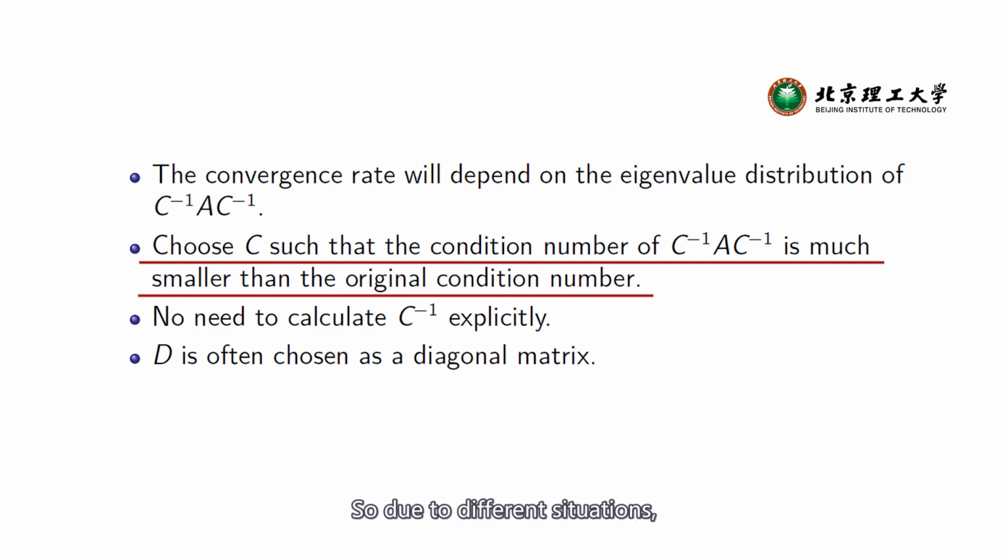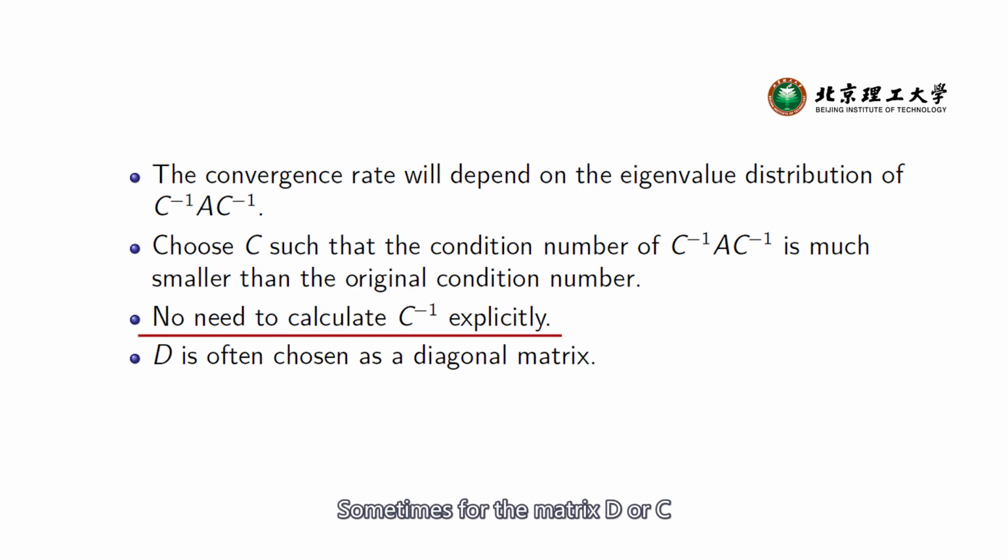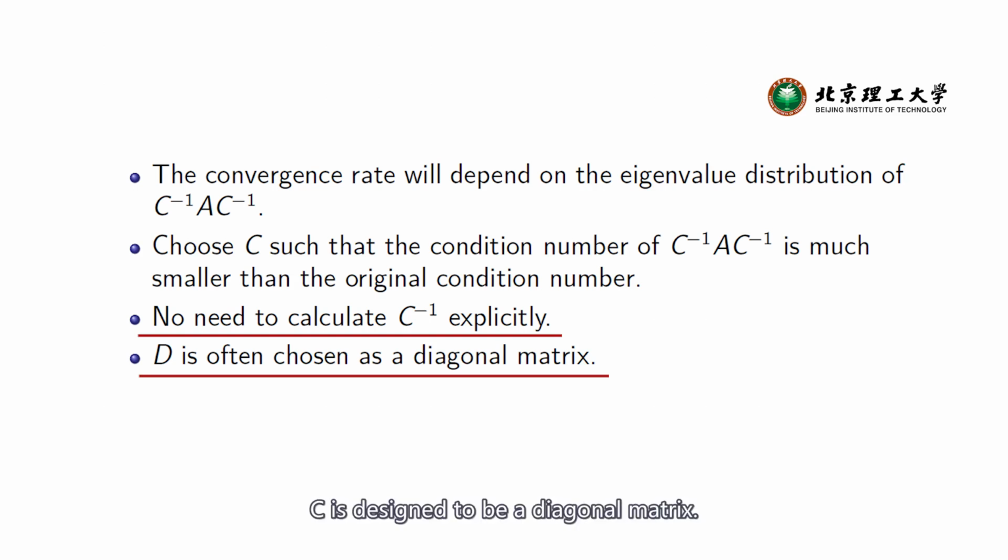Due to different situations, we can design different C to adjust to different matrices A. So this is another way to improve the CG method. And for the matrix C, we do not need to worry about how we compute C inverse, because in most cases, C is designed to be a diagonal matrix. So the inverse is actually easy to compute.